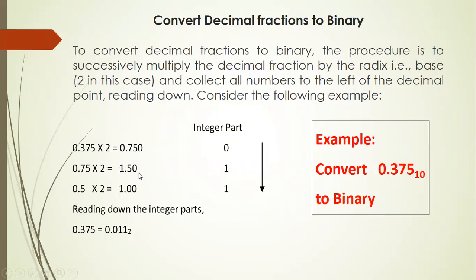And now 0.50 times 2 is equal to 1. So again the integer part is 1, so I'll take it. Now we read down the integer parts. Reading down, we find 0 1 1, hence the binary equivalent of decimal 0.375 is 0.011.